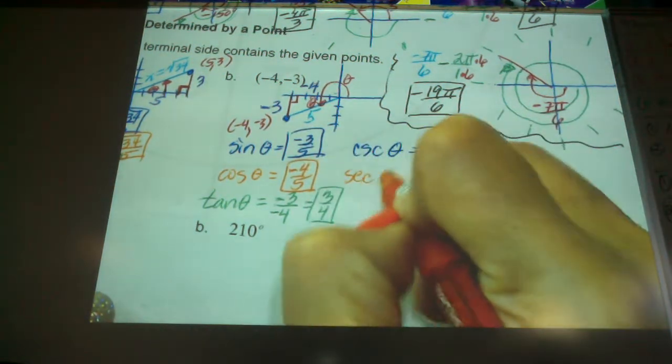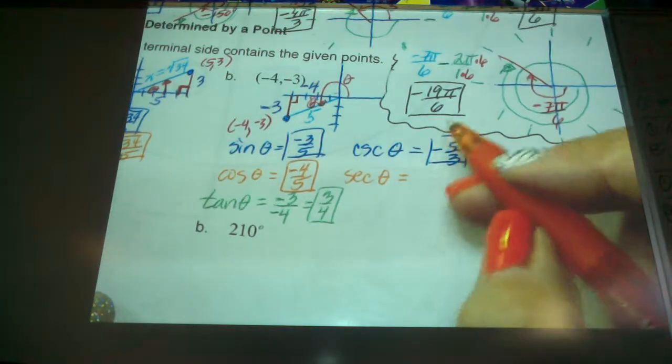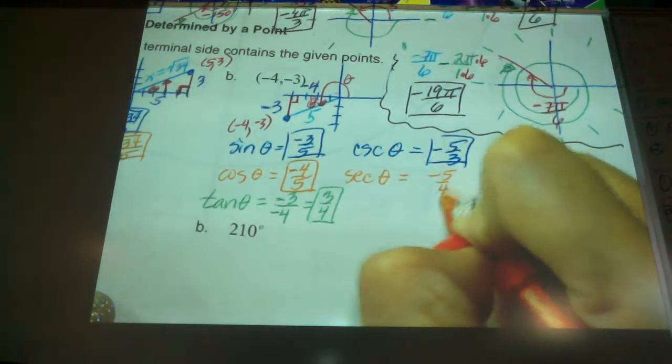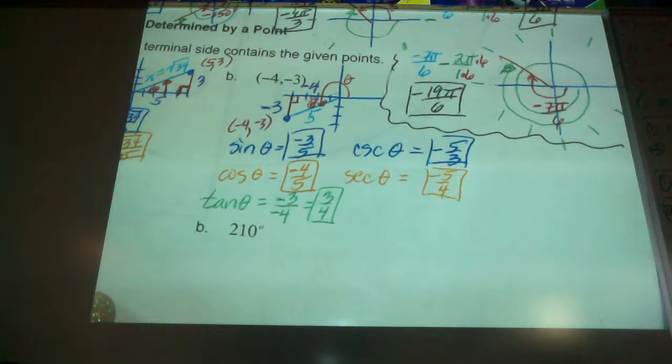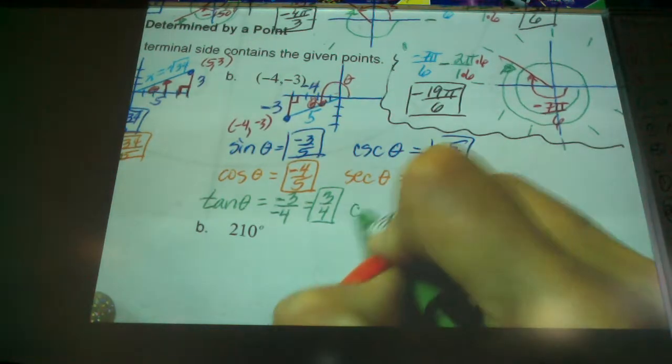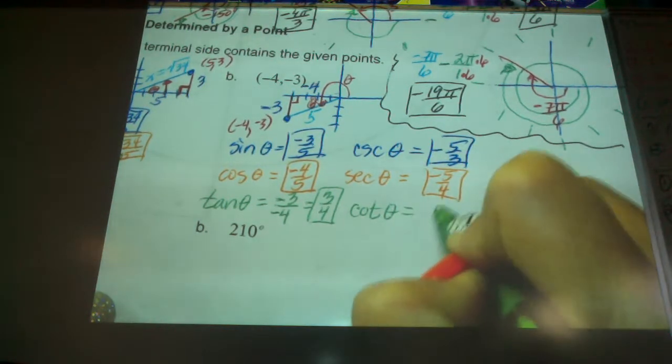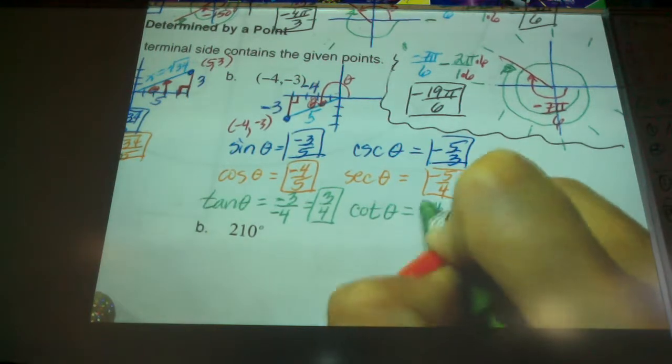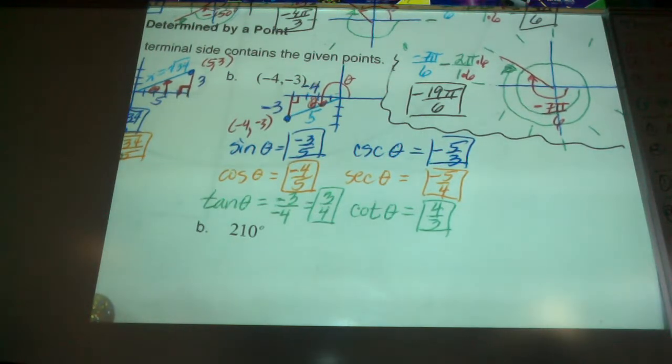Secant of theta is equal to -5/4. And cotangent of theta is equal to +4/3. So, questions, problems, or concerns?